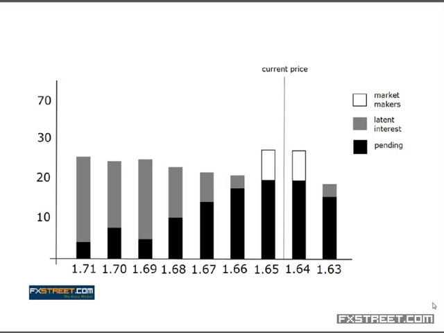So what we have here is a logical dispersion of the different types of buying and selling interest. We stay with the same price scale and the same current price, which was between 64 and 65. And here we have all the pending orders, meaning all the limit orders to sell above current price and to buy below current price.